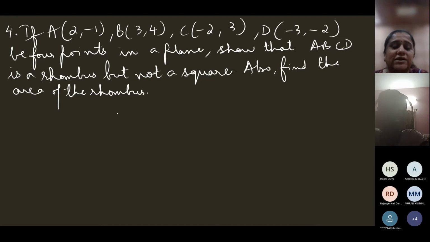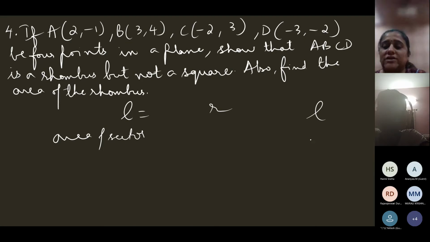No. Supposing I give you the value of L and R and ask you to find the area of the sector. Find the area of the sector given the values of L and R, length of arc and radius. Length of arc is theta by 360 into 2 pi r.